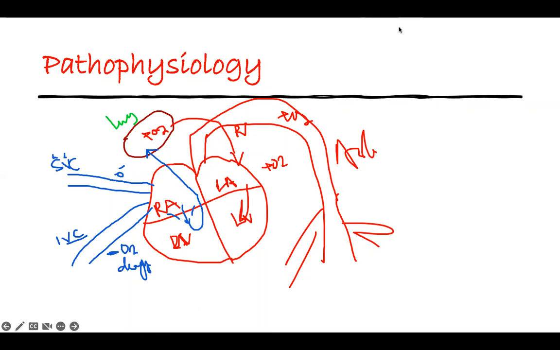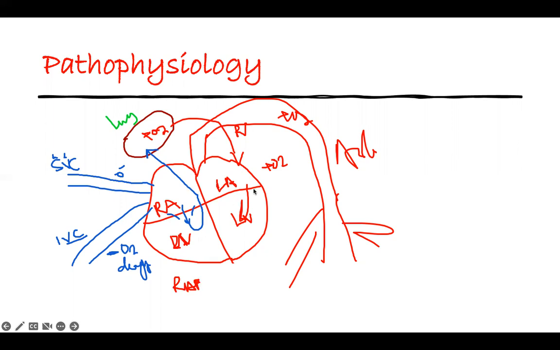Sometimes things don't work the way we expect them to work. So you can have a case where the blood gets to the right atrium and it doesn't pump into the lungs anymore. And it stays mostly on the right side of the heart. And that is where you have right heart failure.